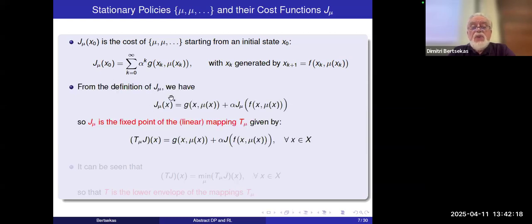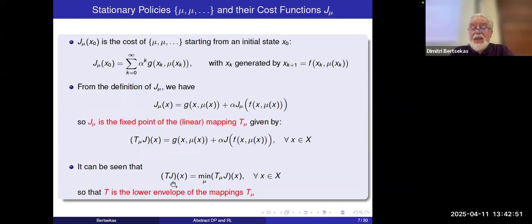And from the definition of J mu, you have this formula here, just breaking the sum down into the first term plus the remainder. So from this equation here, you see that J mu is again a fixed point of a mapping T mu given by this expression here. For a fixed mu, T mu of J is a mapping of J, and J mu is a fixed point of this mapping. So we have these mappings, T and T mu, and fixed point properties that are relevant.